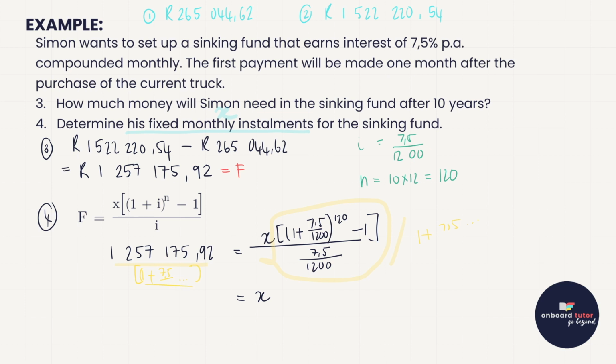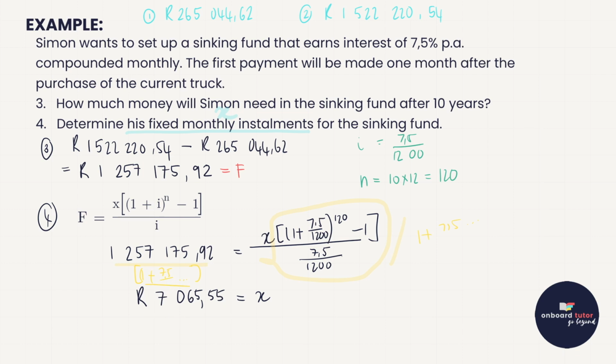So now we are left with this amount here, and that is not too bad for Simon, 7,065 rand and 55 cents. So he needs to end up with more than R1 million, but he's got 10 years to do it, and he's going to make 12 payments in a year. So 120 payments in total means that he needs to be putting away 7,000 rand a month.